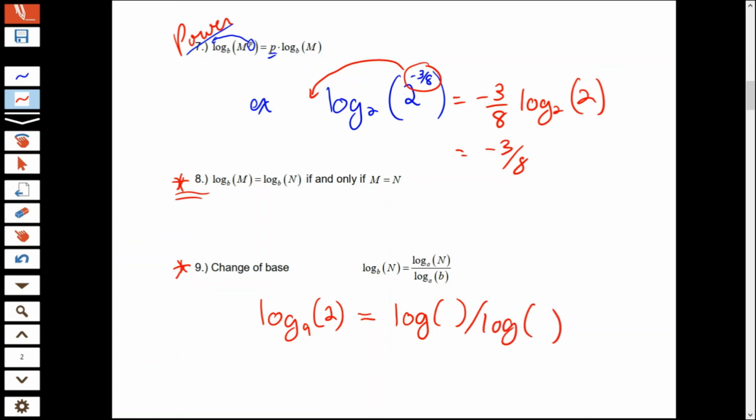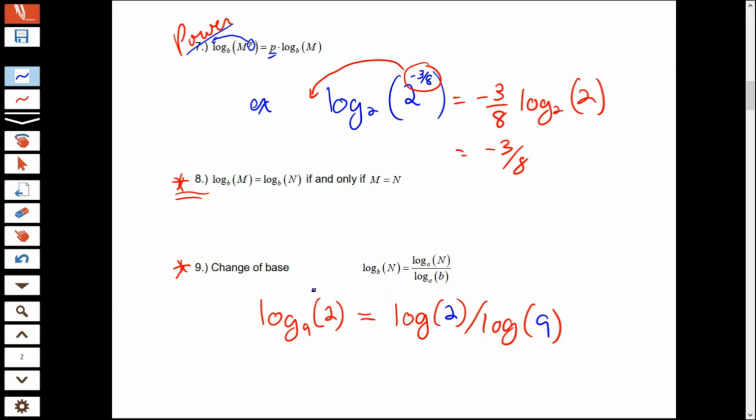That's a common log, or you could use a natural log, or really any base you'd like, so this could be evaluated as log of 2 divided by log of 9. So if you're using your calculator, you can use natural log or common log to basically calculate any log of any base.